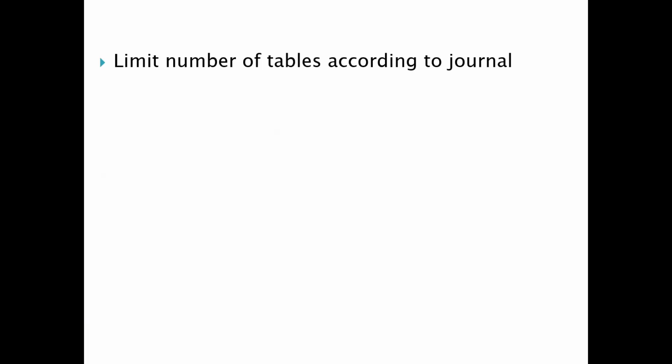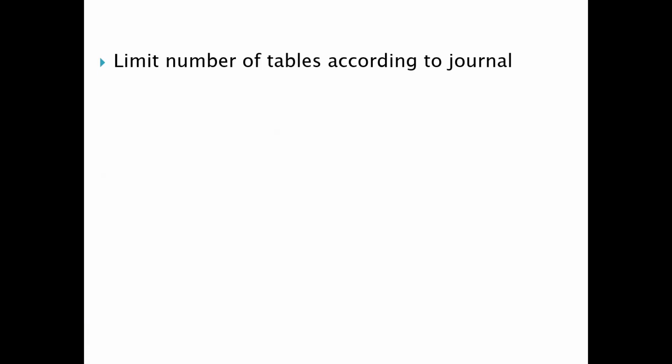And how many tables can we use in an article? There is always a limit for using tables or figures in a particular manuscript. Usually they have certain numbers, like 5 or 6 maximum tables, including figures. For all the tables and figures combined, usually they say not more than 5 or 6 per article.